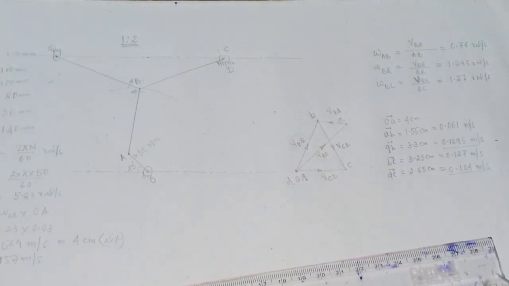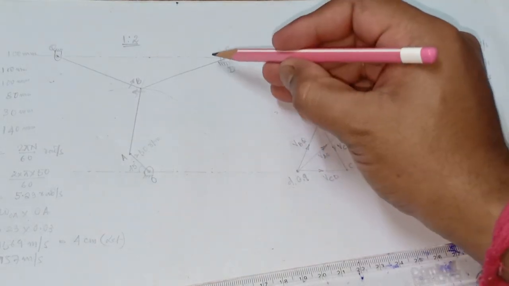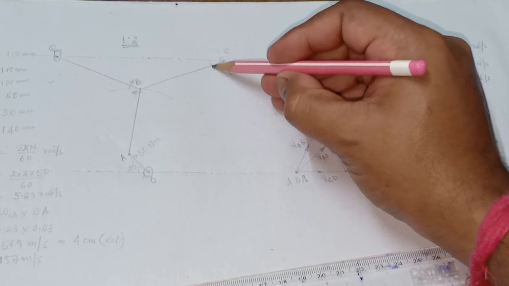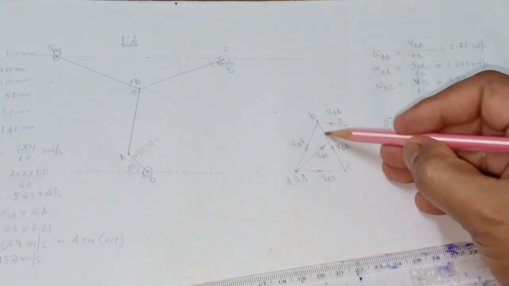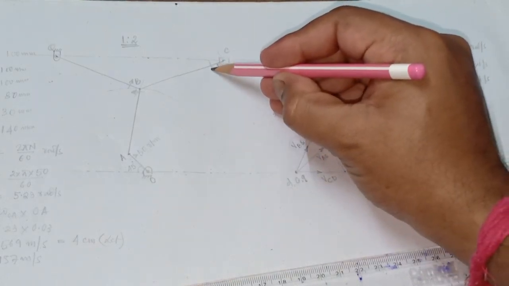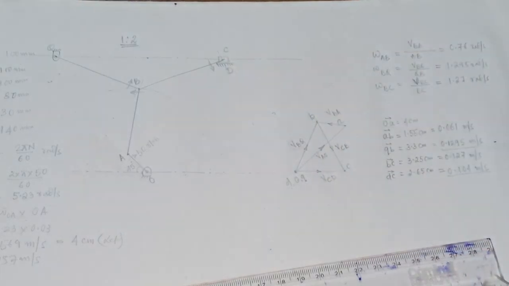Last but not least, in the case of BC, draw a perpendicular line on BC. B to C is downward, so a downward arrow. Whenever we move to point C from B, it goes in the clockwise direction.